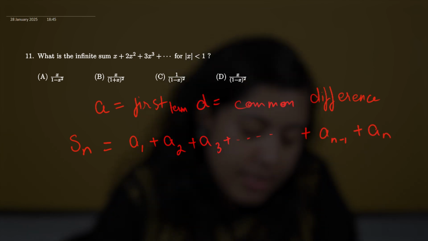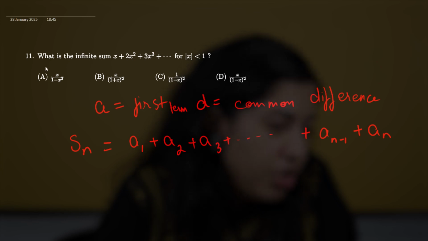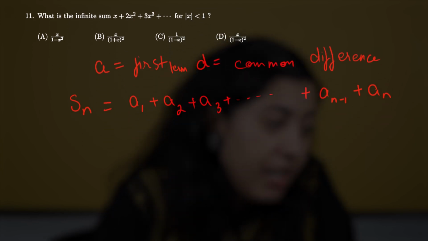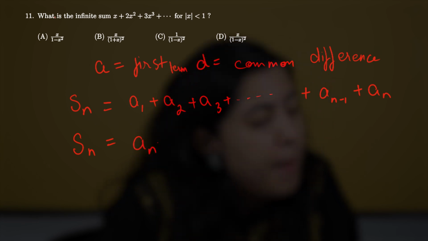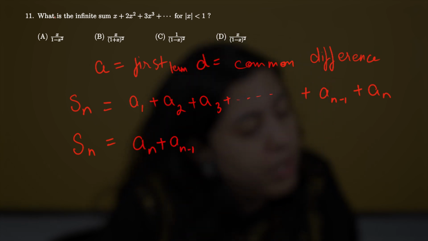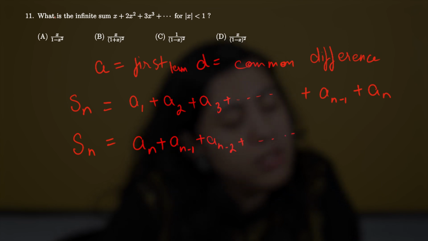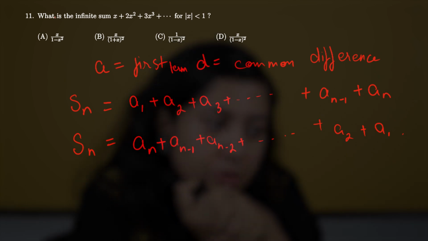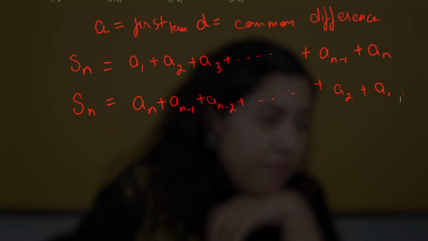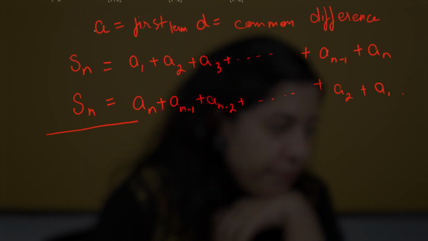Since summation is commutative, we can change the order and write Sn as an plus an minus 1 plus an minus 2 till a2 plus a1. The reason we are doing it, we will see in a minute, is a very beautiful relation.